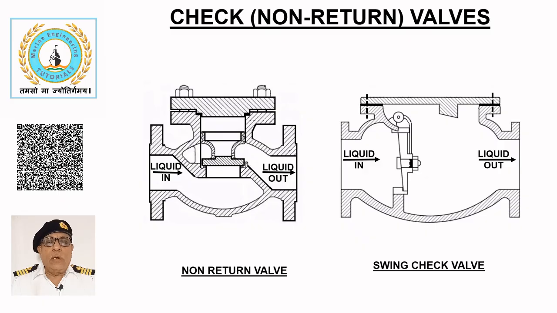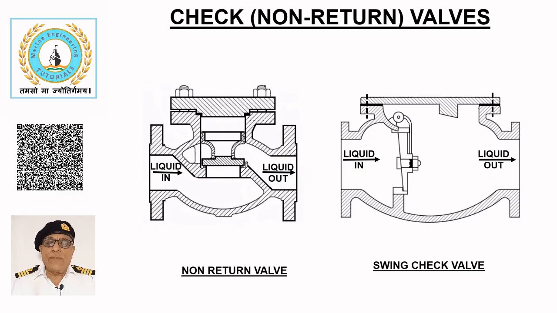Check or non-return valves. Non-return or check valves are installed in various pipelines to prevent reverse flow. The screw-down non-return valve discussed in the earlier slide, whose valve disc is not attached to the spindle, also falls into this category.